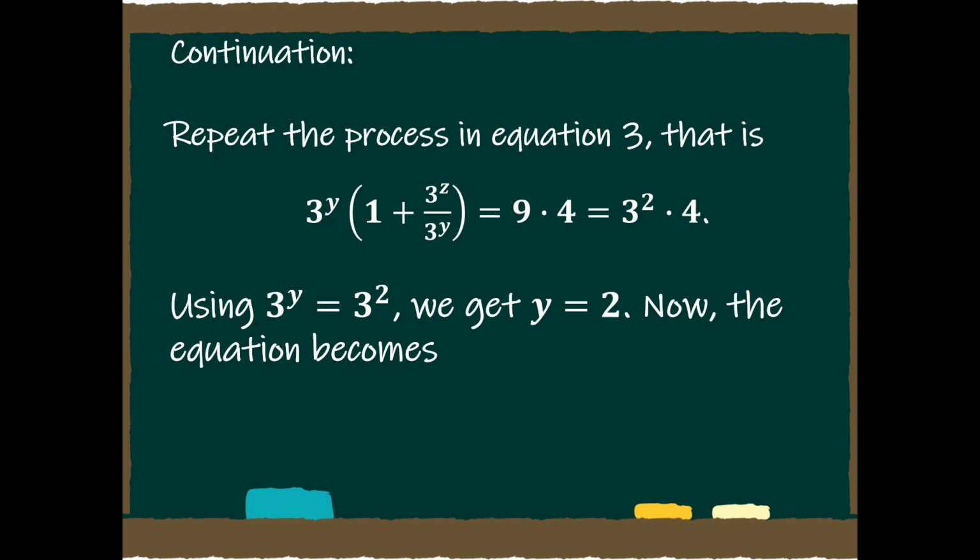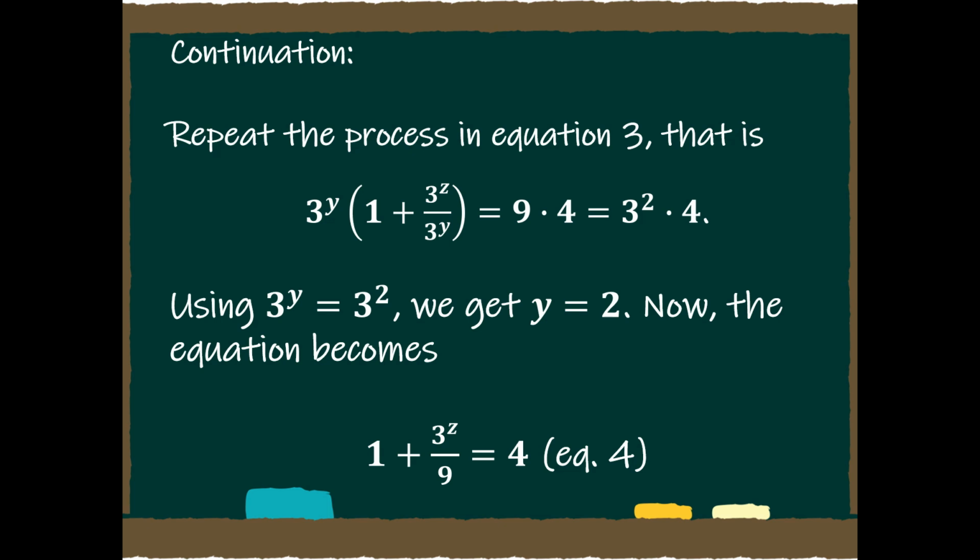So using 3 raised to y equals 3 raised to 2, we get y equals 2. So now the equation becomes 1 plus 3 raised to z over 9, because y is replaced by 2.